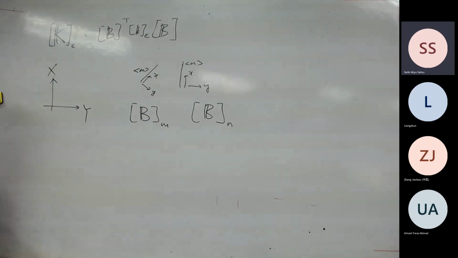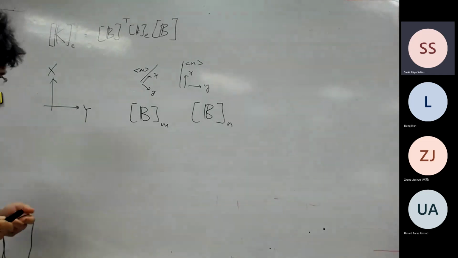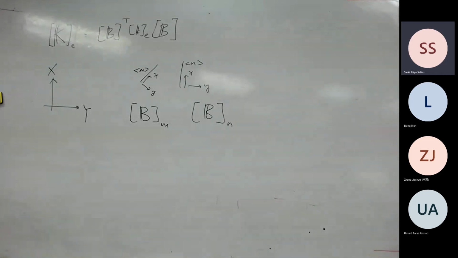The B is actually transforming the local one to global. The B matrix that we are going to look at is transforming the local to global, the global to local.